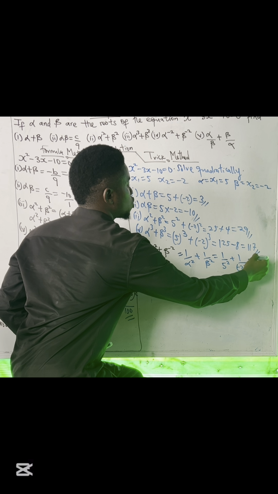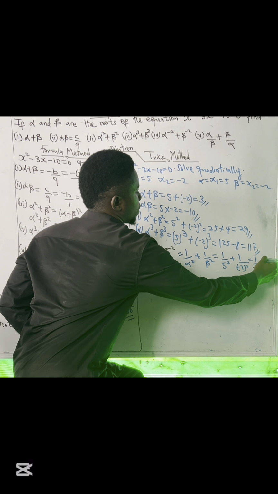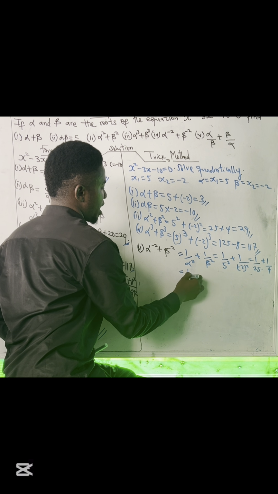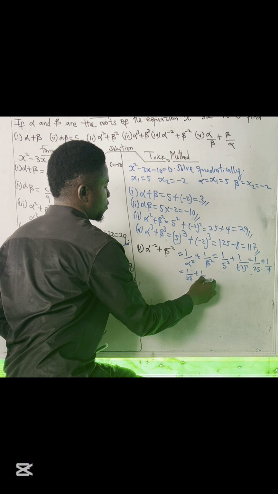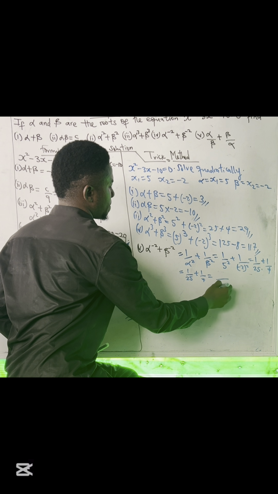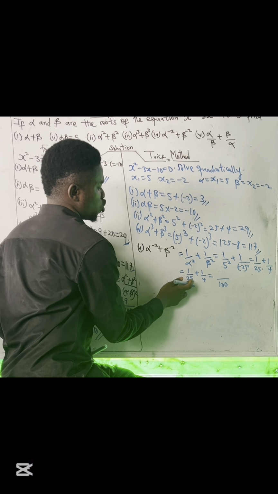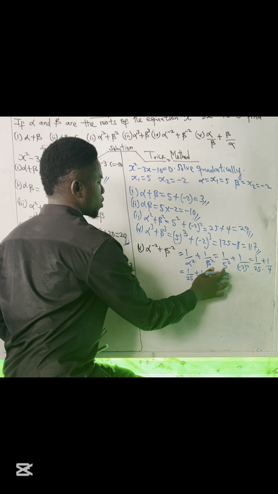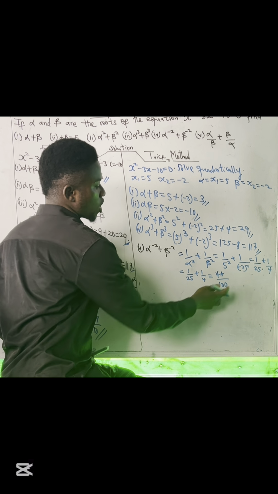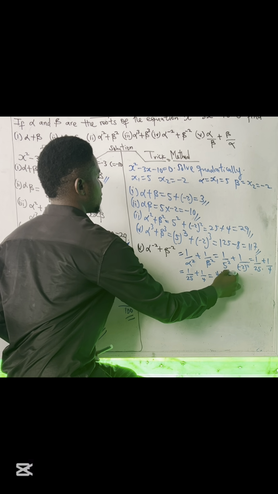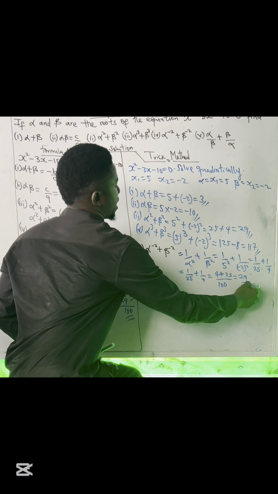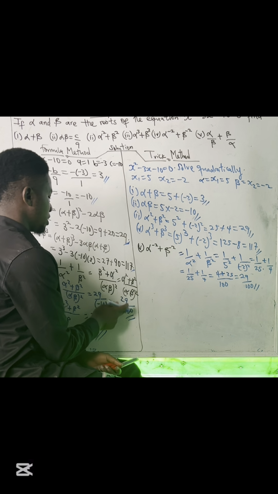Then this equals 1 over 25 plus 1 over 4. Then guys, 1 over 25 plus 1 over 4, the LCM will be 100. 25 in 100, that is 4. 4 times 1 is 4. 4 in 100 is 25. 25 times 1 is 25. Then this equals 29 over 100. That is what we got here also.